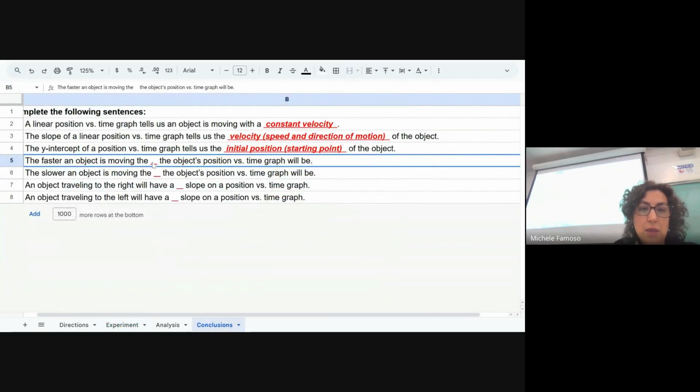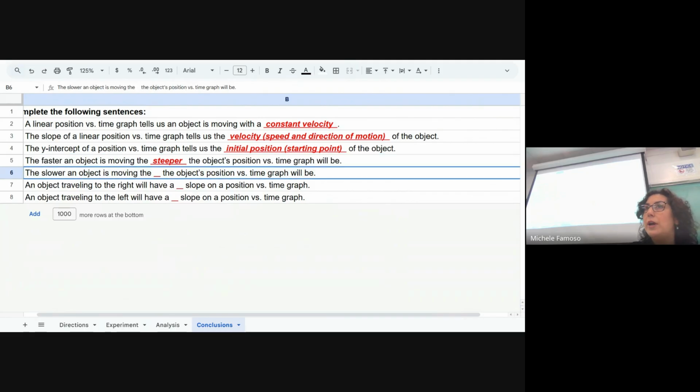So the faster an object's moving, the steeper the object's position time graph will be. Which means that the slower you're going, the... What's opposite of steeper? Flatter or shallower? The term we usually say is shallower.